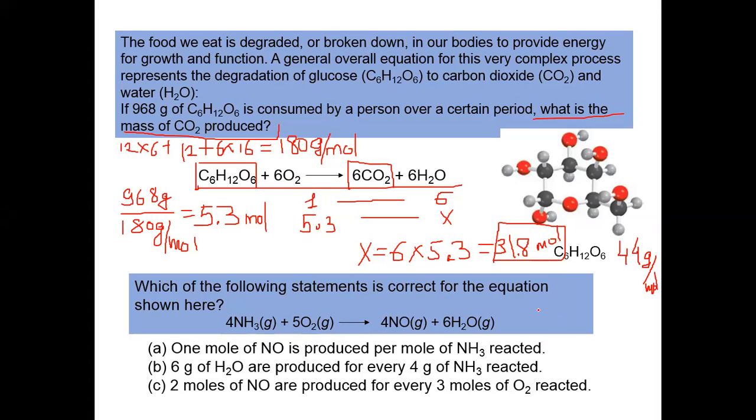We multiply 31.8 moles by 44 grams per mole. That's 1,255 grams, so it's almost 1.2 kilos of carbon dioxide.